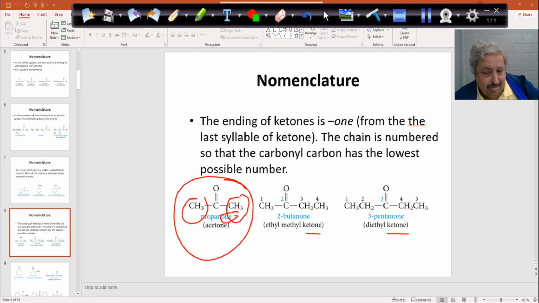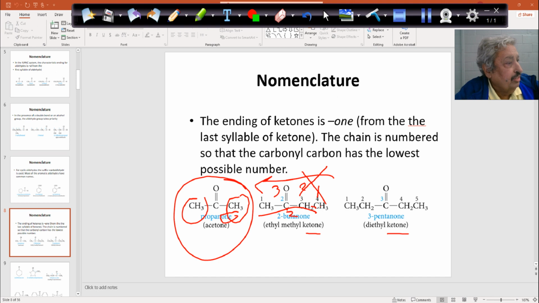Here we are minimizing. So 1, 2, 3, 4 will be taken. We cannot number 1, 2, 3 going from right to left; it's not allowed. It's not correct. We have to minimize the numbering. So I have here 3, correct? But if I go this way, I have the keto group at number 2.